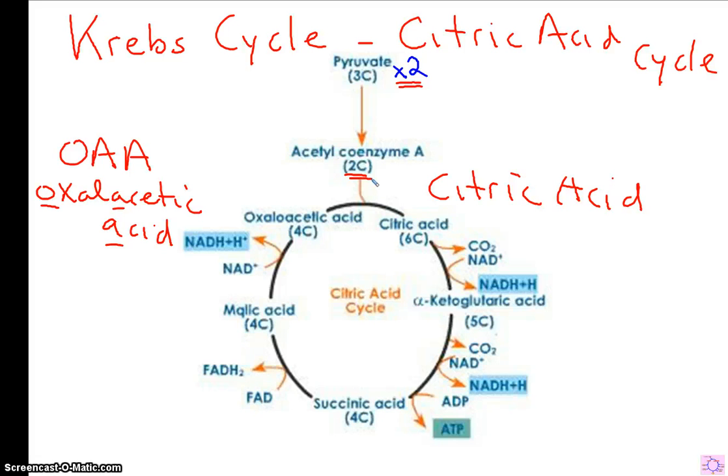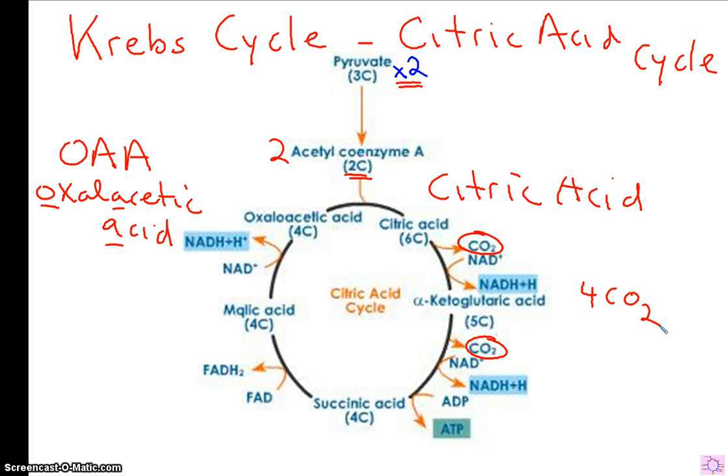For every 2 carbons that come in the form of acetyl-CoA, there are 2 carbons of CO2 released. So if 2 molecules of acetyl-CoA come in, because that's how many would be produced by glucose, we'd have 4 molecules of CO2 actually produced.